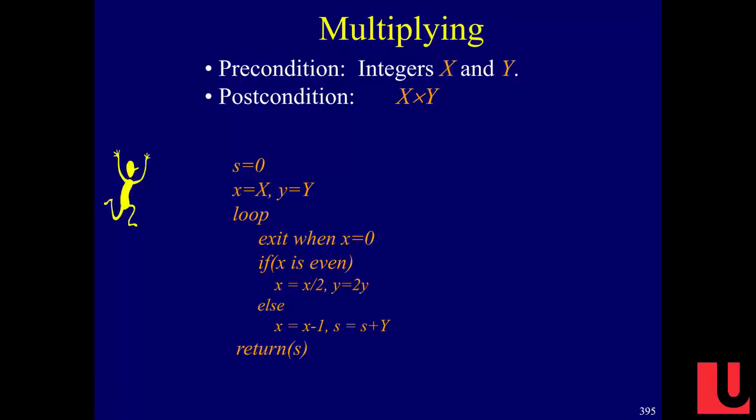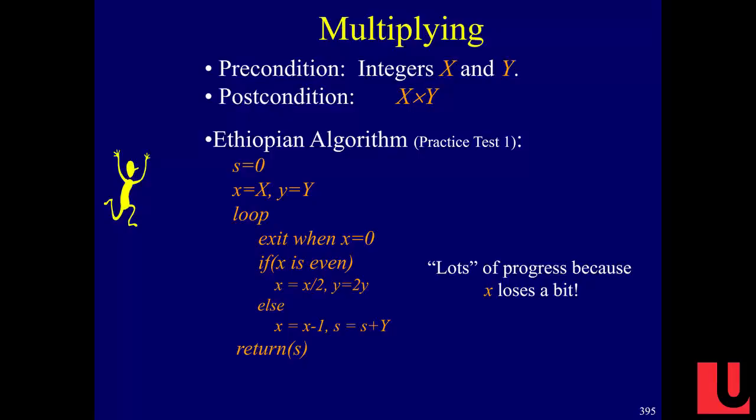It's like what we did before. Do I know I make progress always? No. But I know that I'm not going to do this twice in a row, because if it's odd, then the next iteration will be even. So every other iteration, I'm coming down by a factor of 2.